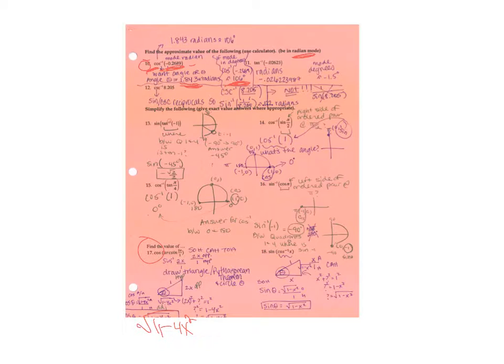Now, look at number 12. Be careful with ones like number 12. Sine and cosecant are reciprocals. So what you're going to do is you only have the inverse sine button on your calculator. You take whatever the fraction is beside cosecant, you flip it because we're looking for reciprocal.